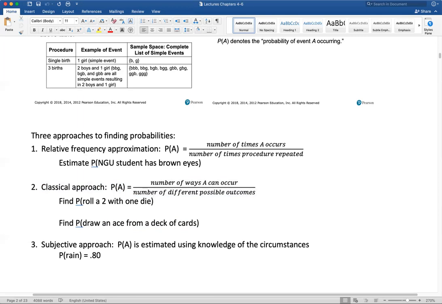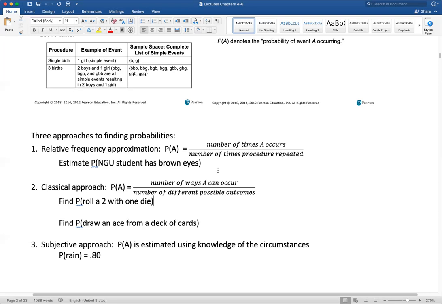And the relative frequency approximation is where we do the experiment repeatedly, or we survey repeatedly. For example, estimate the probability that a student has brown eyes. We observe each student, whether or not the student has brown eyes.